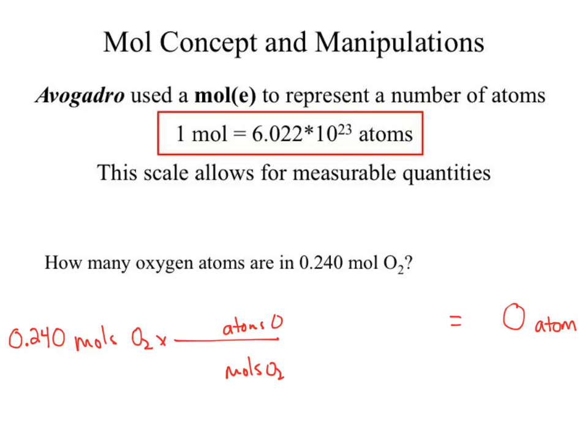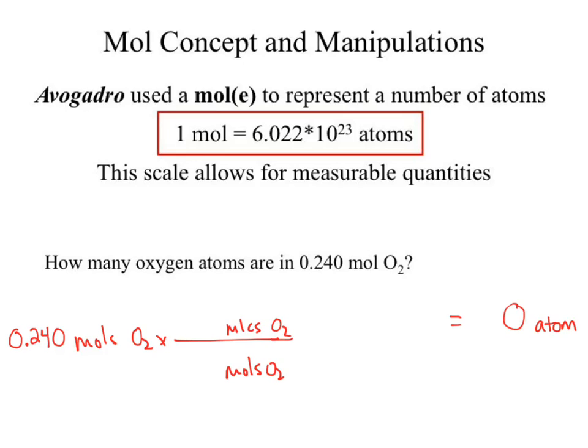The number of atoms of oxygen would be counting all of the oxygens within each of those. We're looking at two different unit systems here, so we're going to have to be careful with this. This is not a direct conversion across. What we can think about is converting those moles of O2 into molecules of O2.